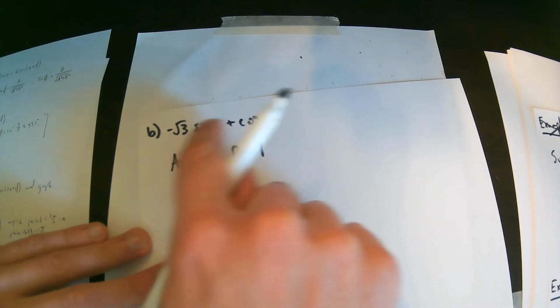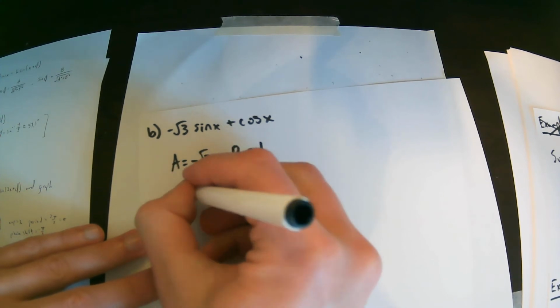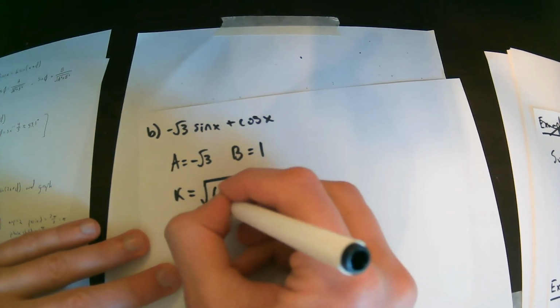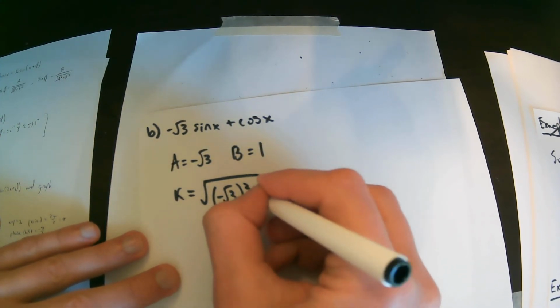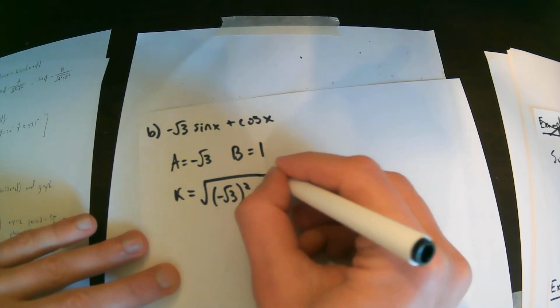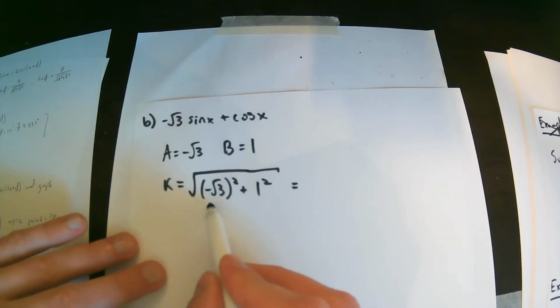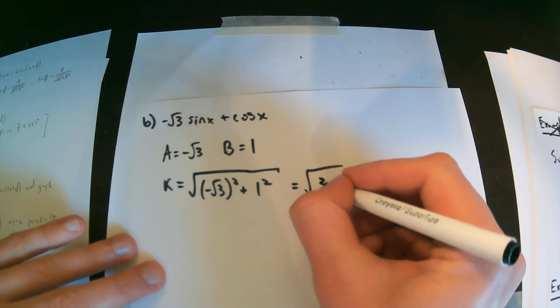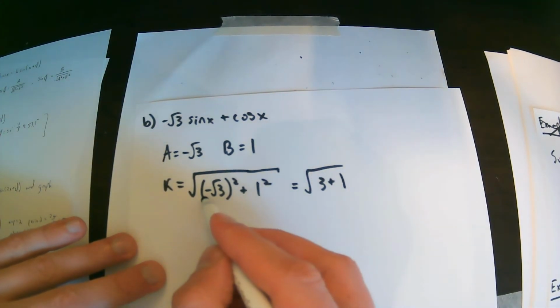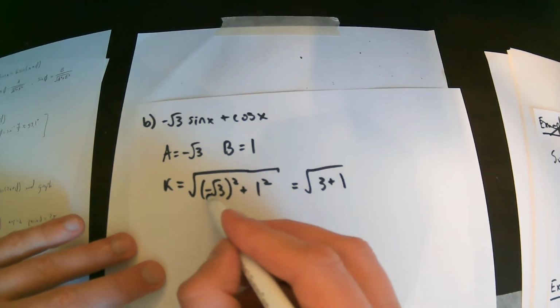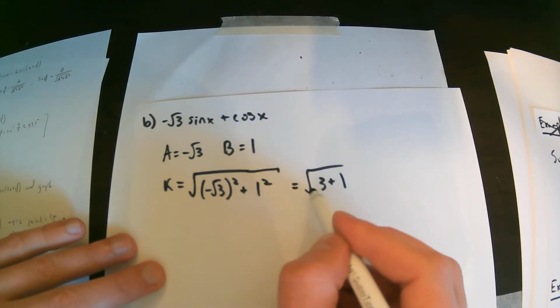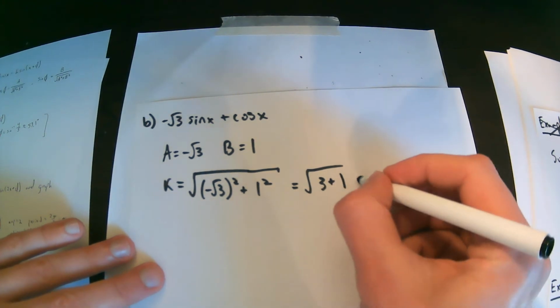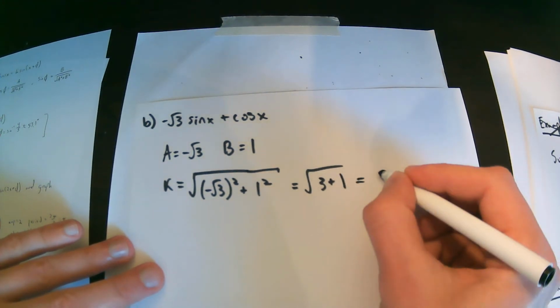These are the coefficients attached to each of these. So k is the square root of a squared plus b squared, and that's going to be the square root of negative square root of 3 all squared, which is just 3, plus 1 squared, which is 1. So I'm getting square root of 4, which is 2.